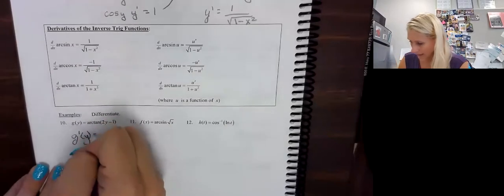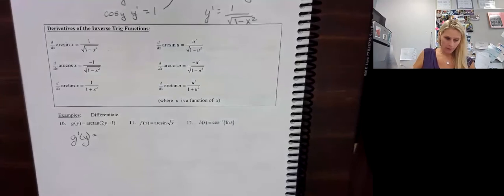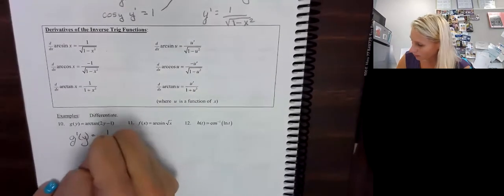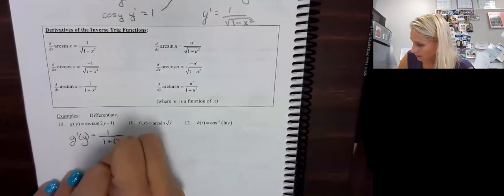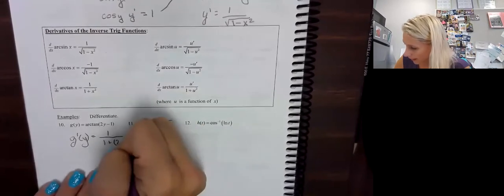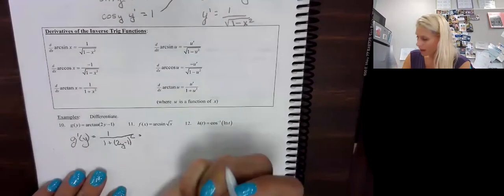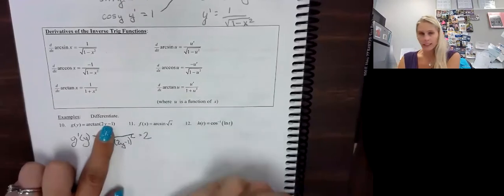So g prime of y equals, well, the derivative of tangent inverse is 1 over 1 plus the inside squared, and then don't forget we also have to multiply that by the derivative of the inside. Derivative of the inside is 2.